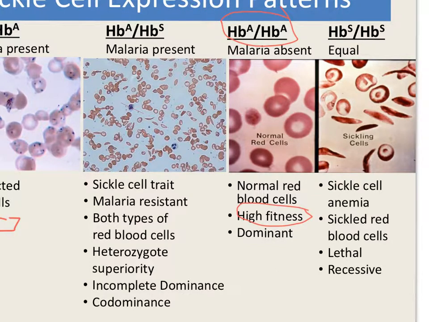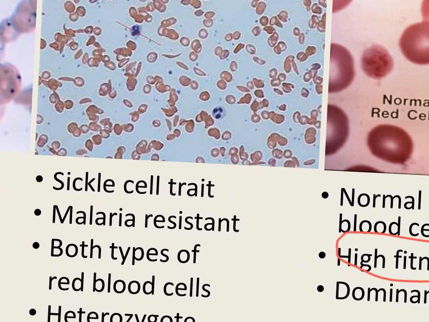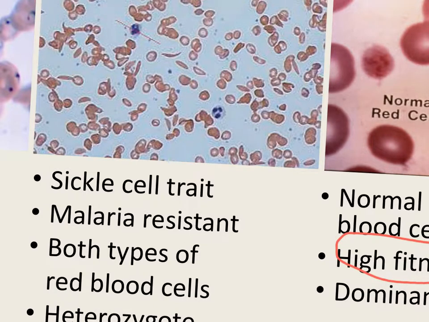However, and that's why it's heterozygote superiority. However, what we actually see here is both types of red blood cells. We have some that show sickling, some that show normal. You don't have to worry about these.